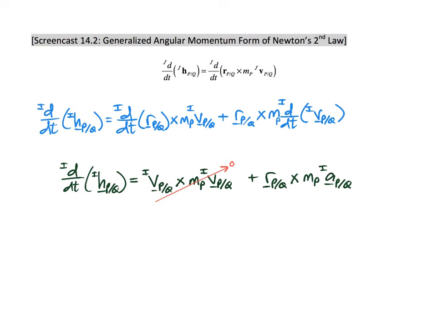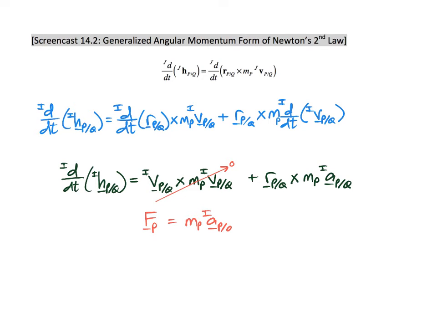Now we've already alluded to the fact that we want to incorporate Newton's second law into this expression. So let's write Newton's second law. It's all the forces on particle p are equal to the mass of particle p times the acceleration of p with respect to O as observed in the inertial reference frame.